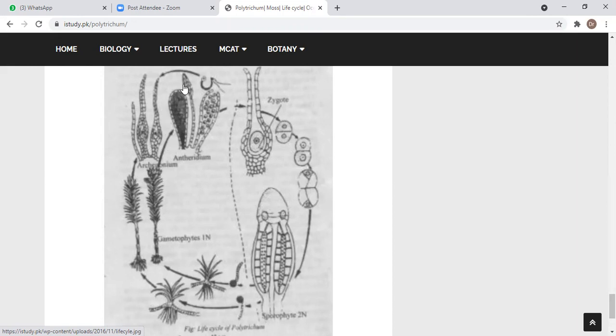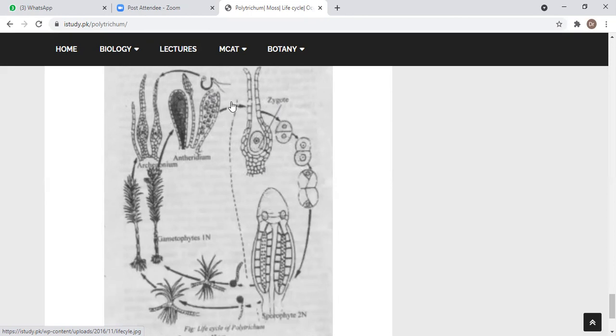archegonia. So at the time of fertilization, antheridia will release the anthrozoid. So you can see here the spirally coiled, biflagellated anthrozoid. They will reach the archegonial cover cells or the neck region, and they will migrate into the venter, fuse with the female gamete, and result in the formation of the next generation starting point, which we call the zygote.